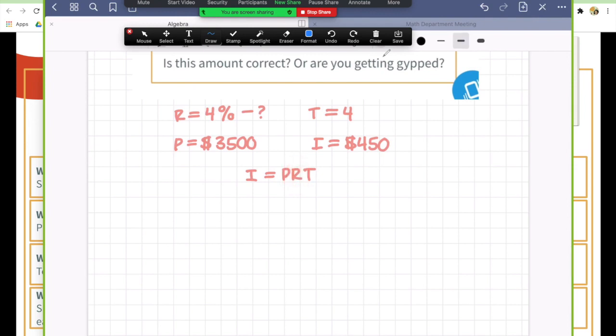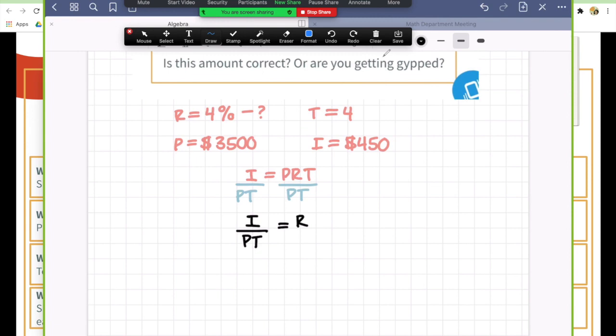Okay, so over here what I could do is divide the P and the T on both sides. And so I'm left with I divided by PT equals R.